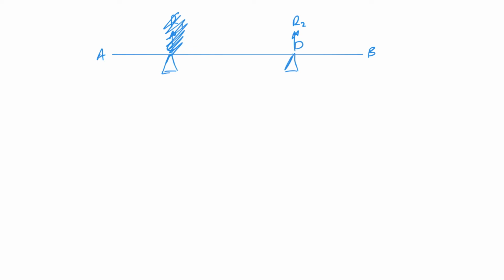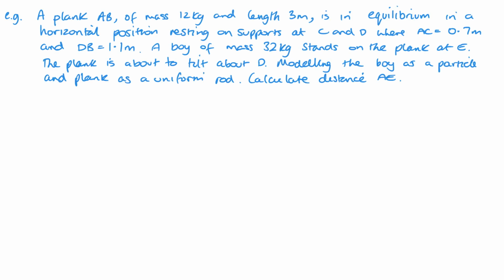So if it's about to tilt at a particular pivot point, any other support, including tensions in wires and strings, etc., would be 0 for the reaction. Now, let's have a look how this translates within a question. So, as in all these, we want to start off by doing a quick little diagram, a little sketch.